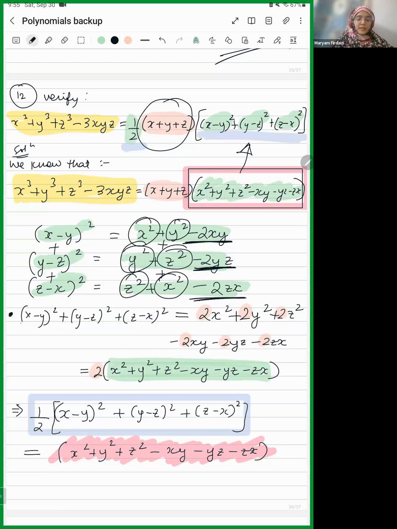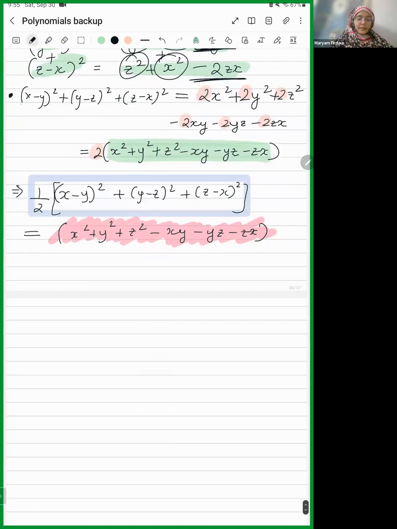So let's write it like this now. That implies x plus y plus z multiplied by x square plus y square plus z square minus xy minus yz minus zx can be written as x plus y plus z multiplied by what?